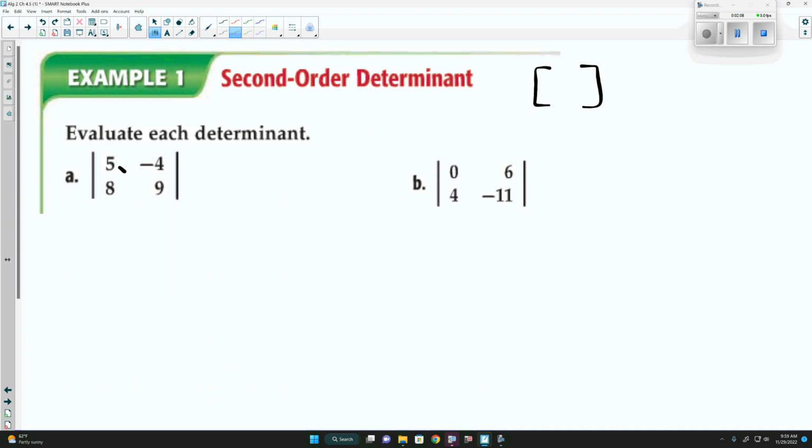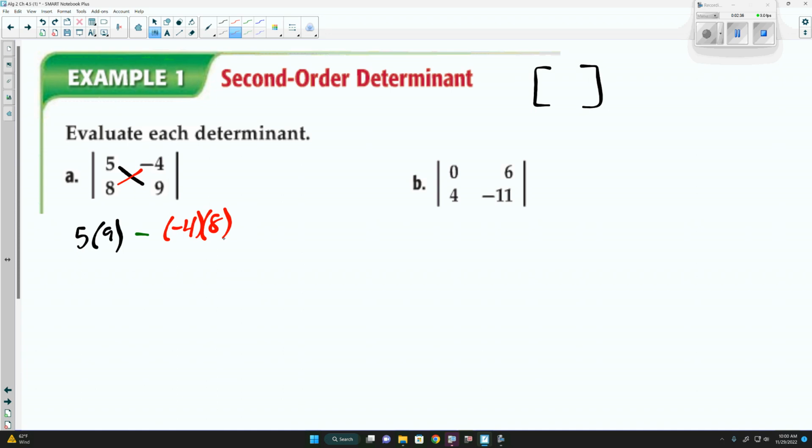The first thing we're going to do is multiply these two here. So we'll have 5 times 9 minus, going the other way, negative 4 times 8. So we're going to take all the diagonals going from the left to the right and subtract from it all the diagonals going from the right to the left.